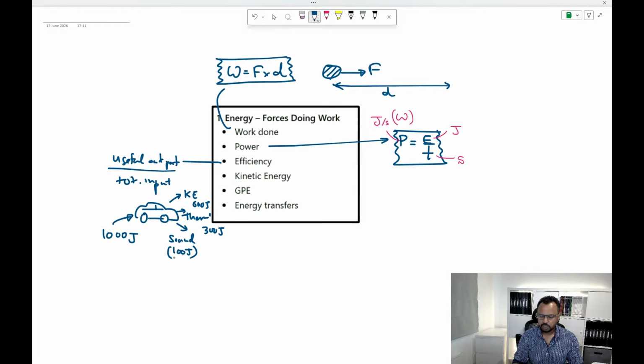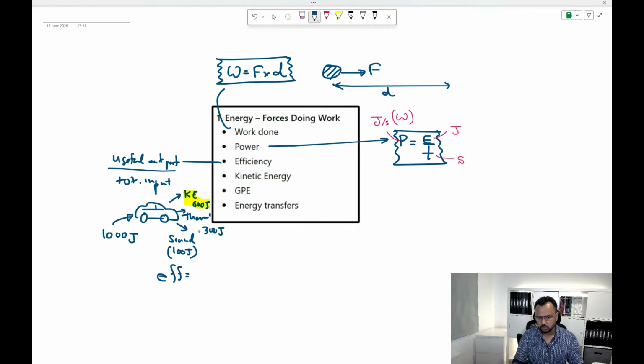Now, what is the efficiency of this car? So the useful output. Now, kinetic energy, that is useful because the car is moving, that's what we need. What about thermal energy? Not really. I mean, we kind of use it to heat the compartment of the car in the winter and all that, but not the intended use.